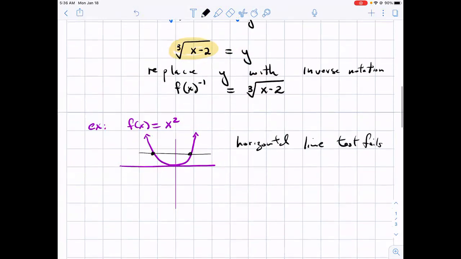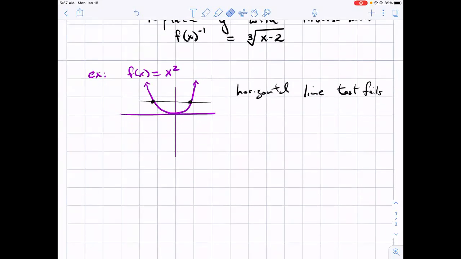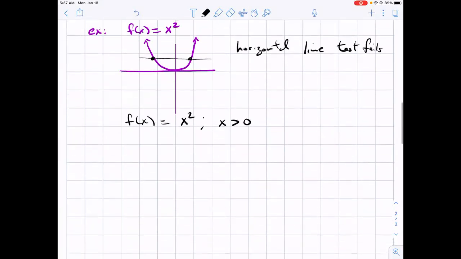But if you restrict the domain for x greater than 0, then you wouldn't have the entire graph. Let's say a new function, f of x is equal to x squared for x greater than 0, then my function would only be half the parabola.